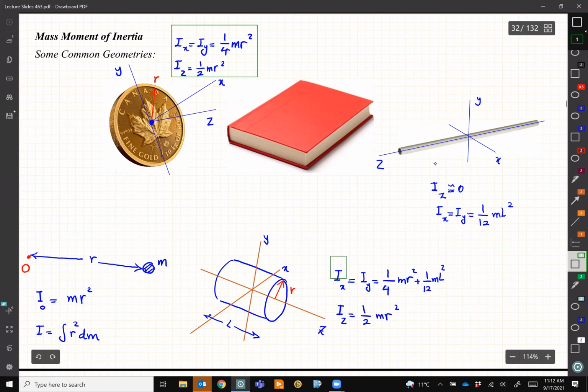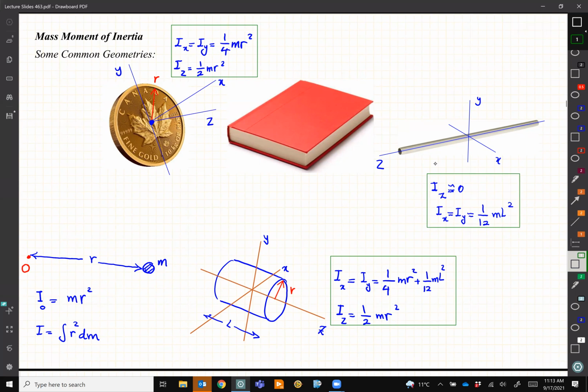If it is a cylinder and you want to be more accurate, then you can use the whole formula as it is. And if it is a slender bar, and the question doesn't mention anything about the radius of this bar, just talks about its length and its mass, then simply use this formula.